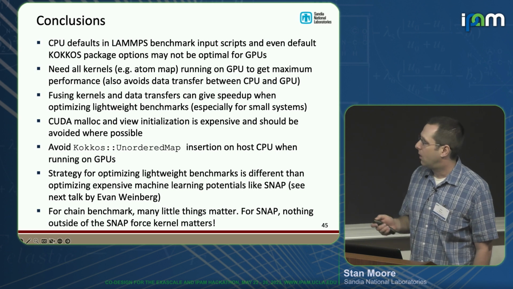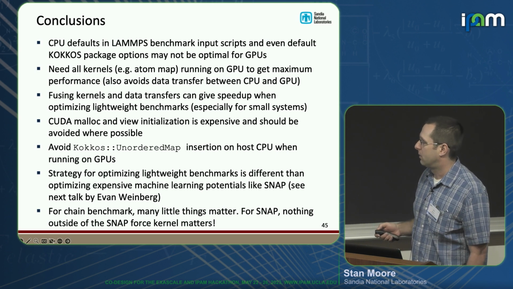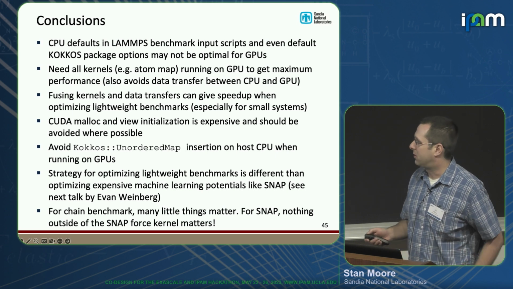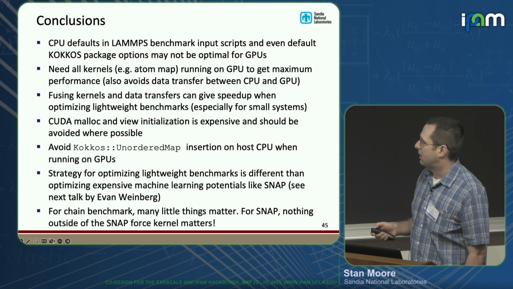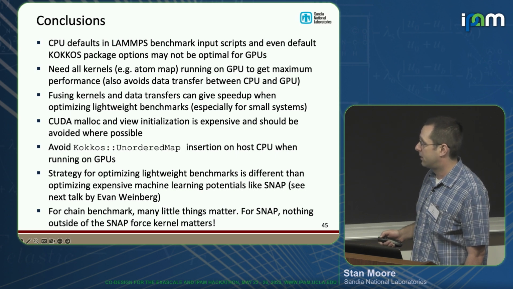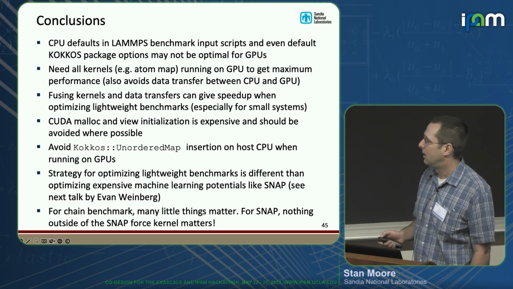You really need all kernels running on the GPU. The main issue was that the atom map was running on the host CPU. That was a bottleneck, and once we ported that, we saw a speedup. Fusing kernels and data transfers can give speedup. We didn't really see it for our 2 million atom system, but for small systems, this definitely gives speedup.